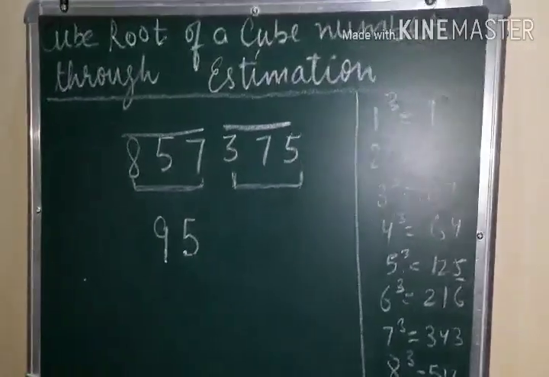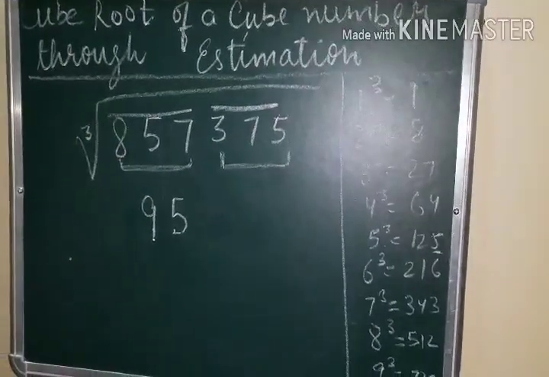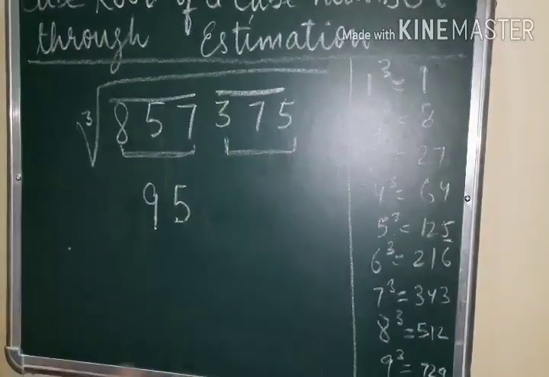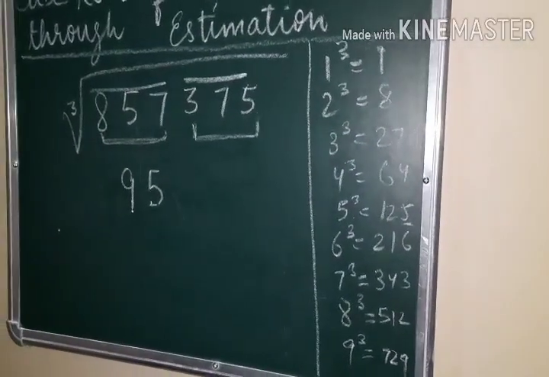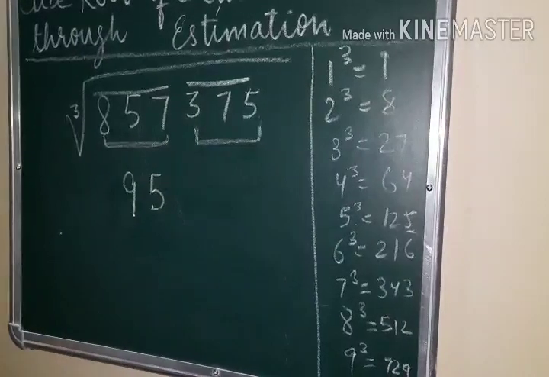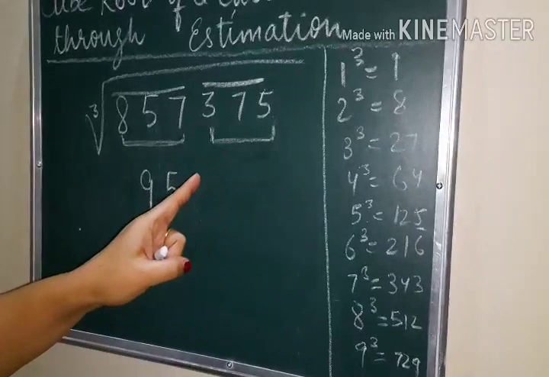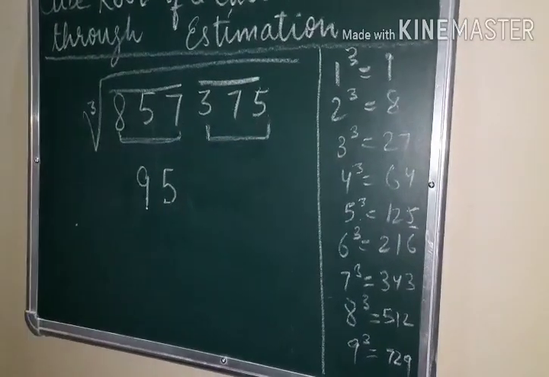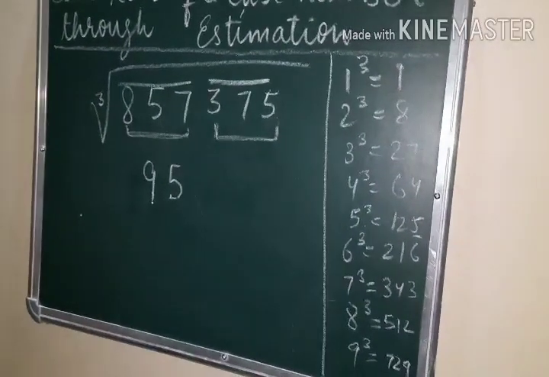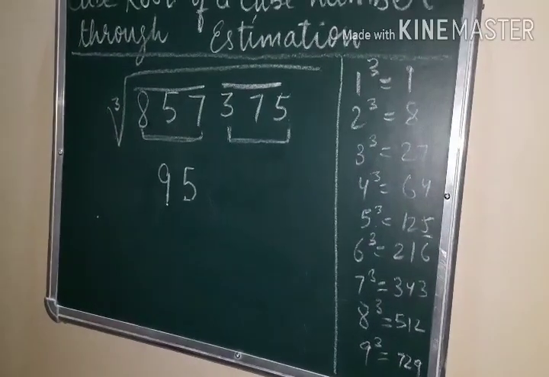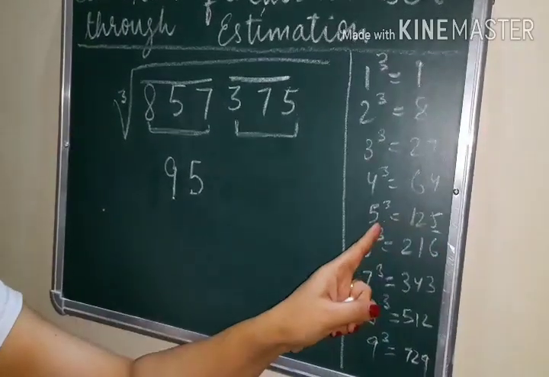Once again I am repeating. To find the cube root of this number, you form the groups of 3 from the back. Look at the last group first: 375. You have to see the units place of this group. The units place is 5. You get the cube's units place 5 in the cube of 5 only.